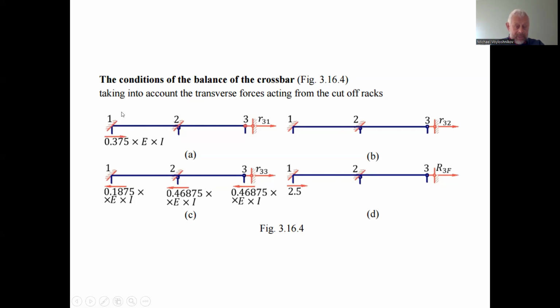In this definite action, the rotation equals one, and what one is not so important, just the theoretical concept of the rotation angle. This causes the displacement. This causes the force arising here in the third connection, 0.375 product by E by I.